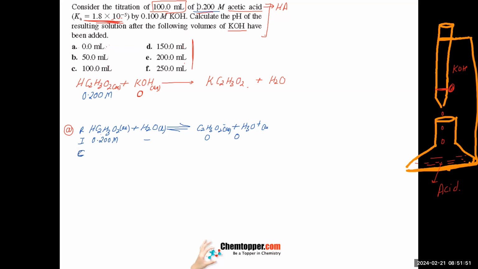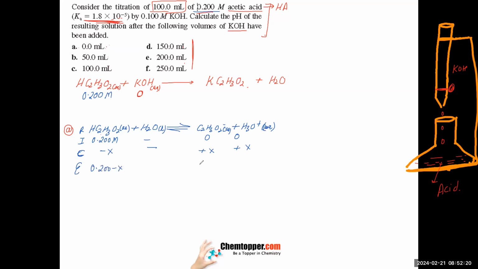Let's write down the change first. Minus x, plus x. Keep asking your questions in case you have any doubt, even from whatever we have done. Don't hesitate in asking questions, because if you don't ask questions and don't understand, then you're just wasting your time, right? So what's the equilibrium?